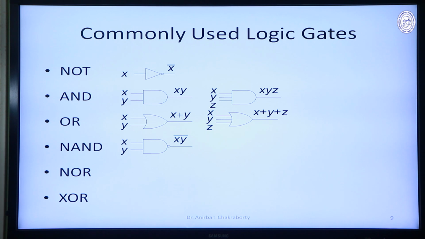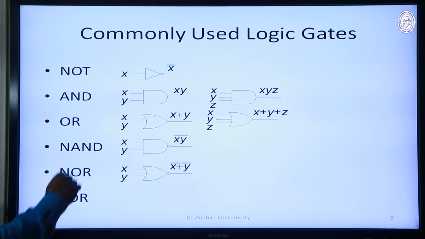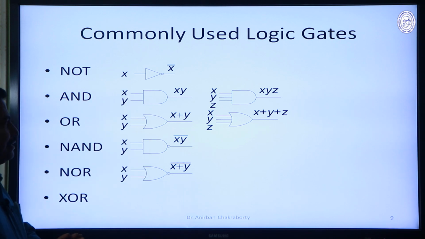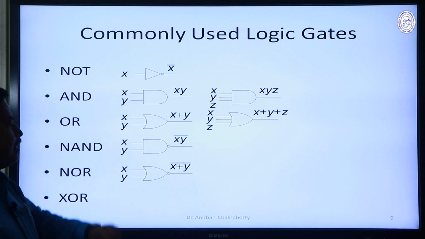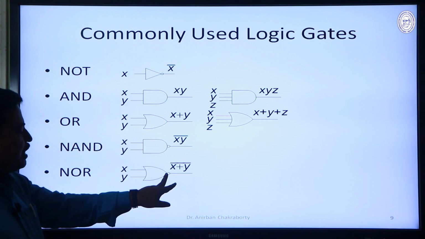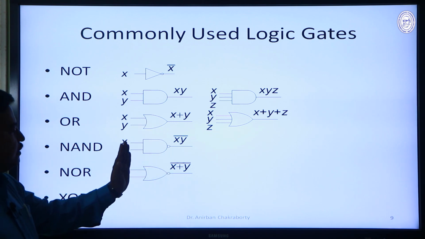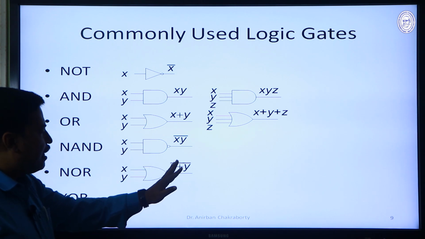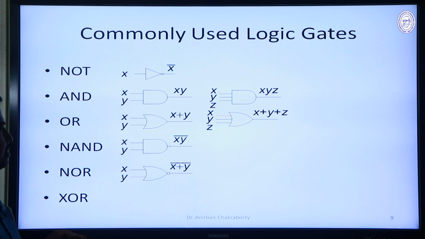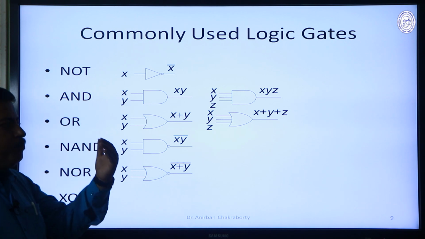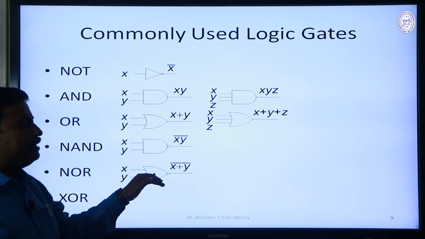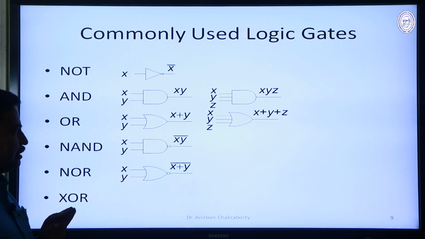Next one is NOR gate. Just as AND and NAND are connected, using the same logic OR and NOR are connected. Here again look, there is a bubble, meaning an OR gate followed by a NOT gate. For the inputs where OR generates 0, NOR generates 1 and vice versa.